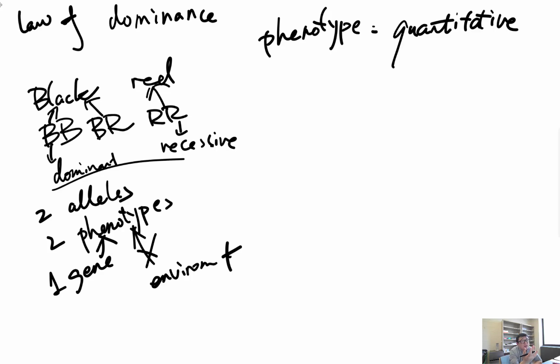And how is this quantitative phenotype determined? Actually, this fits more into the beginning, where we talked about blending heredity. Blending heredity actually can explain the phenotype. For example, if a white person marries a black person, their kids' skin tone is very likely in between.